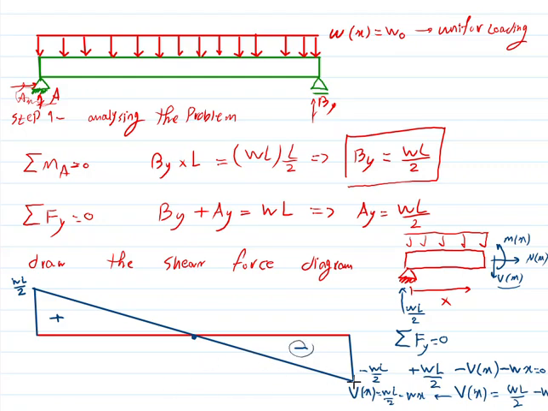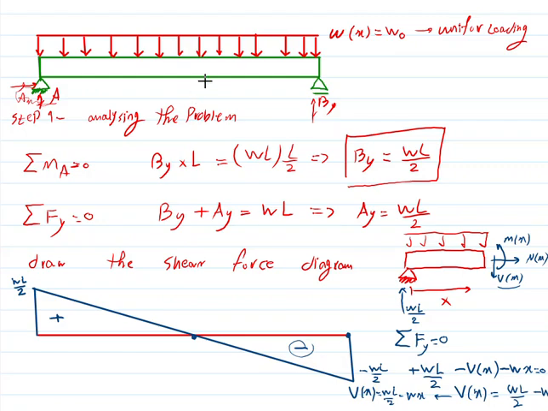And we go to x equal L. And you see support reaction By equal to half of the WL, cancel out, and we reach equilibrium here. So equilibrium must be seen in bending moment diagrams, in shear force diagrams, in every one of them.